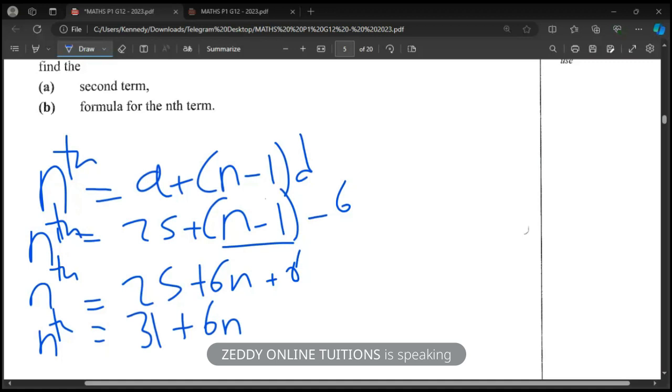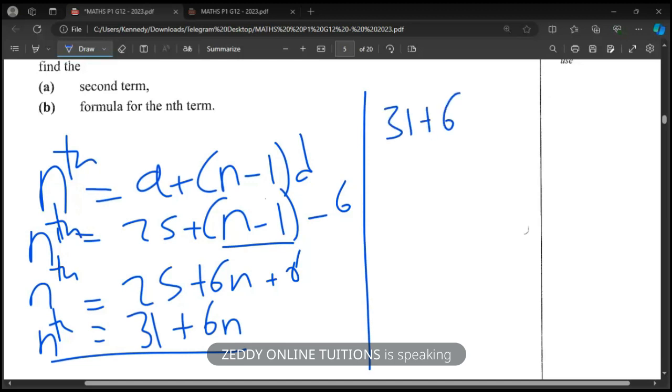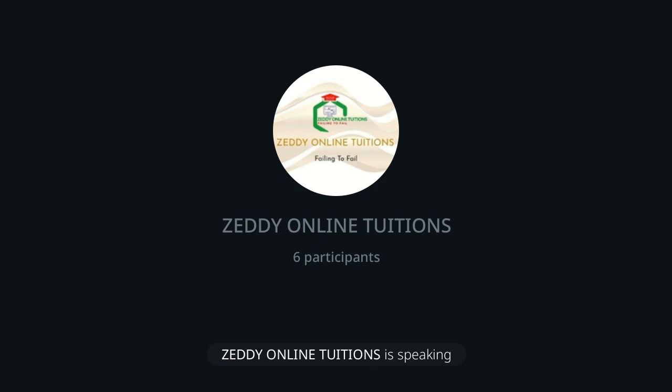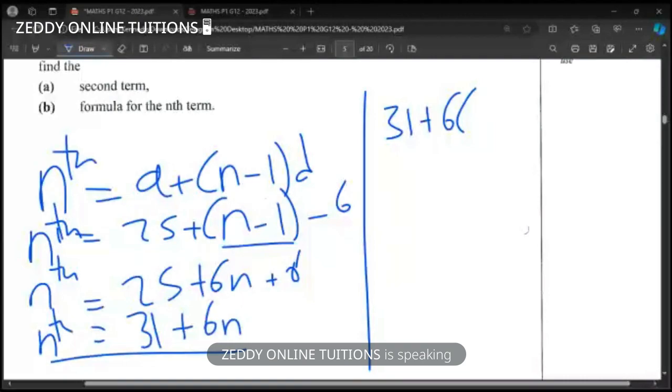So now, let's try to use this formula to see if it's right, okay? We cannot simplify this further. So let's just try to find the second term using this formula. So let's say 31 plus 6, then multiplied by the term number, which is 2, right?